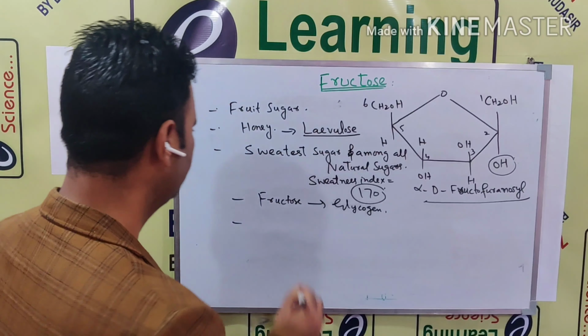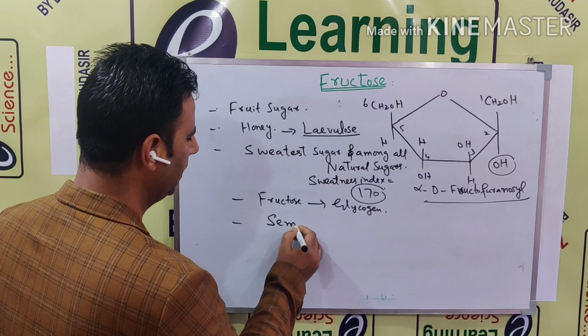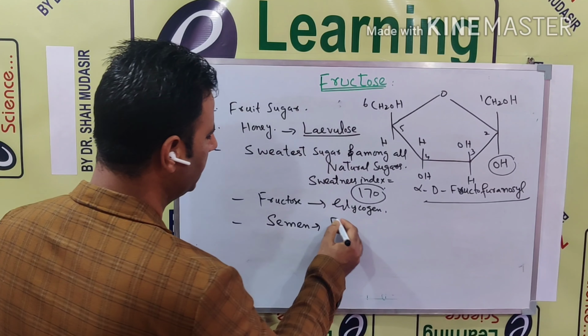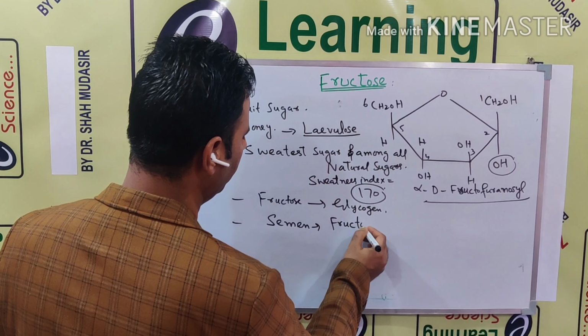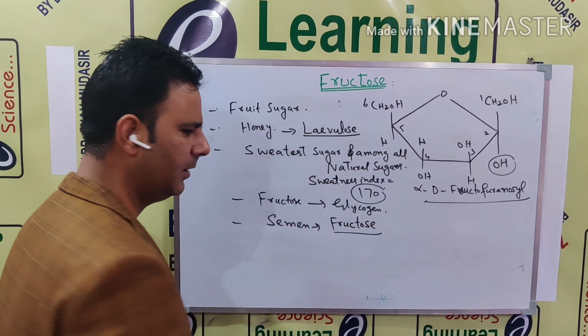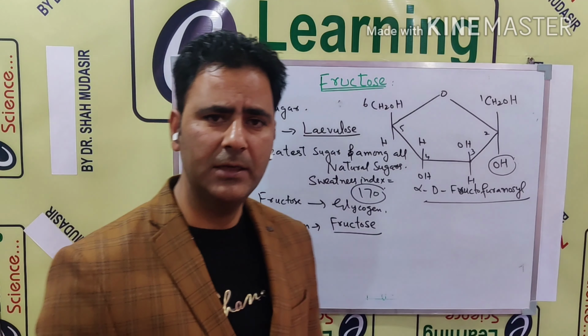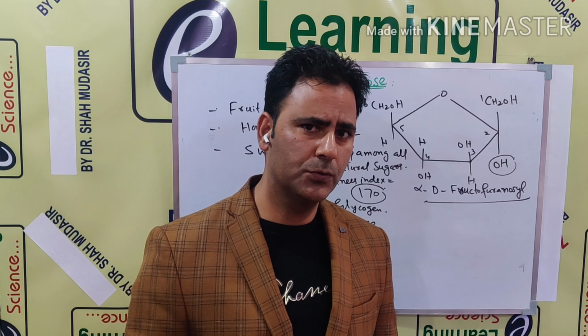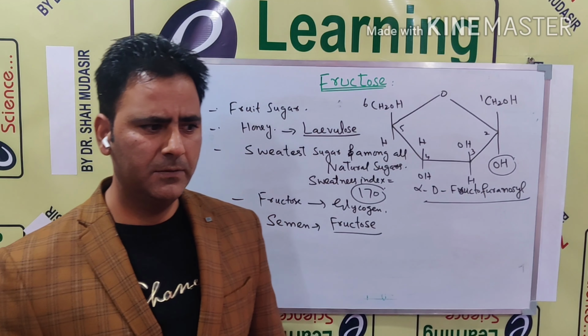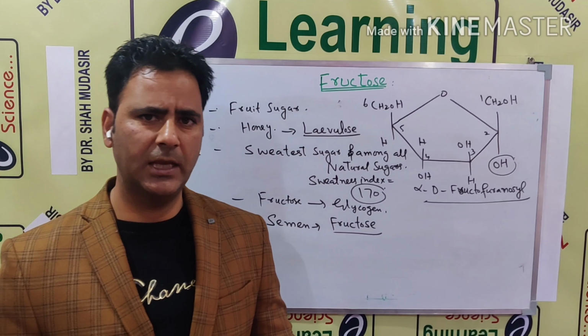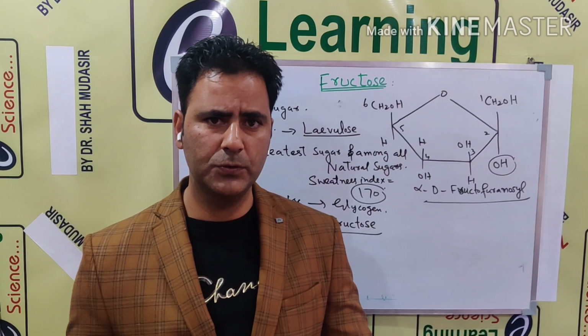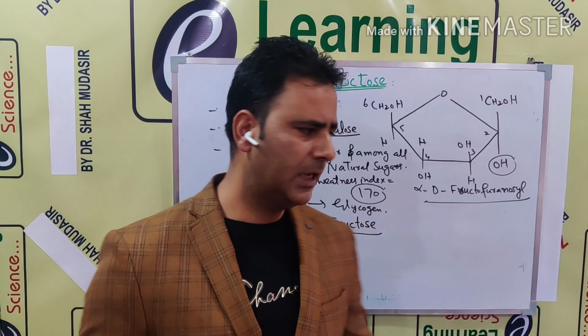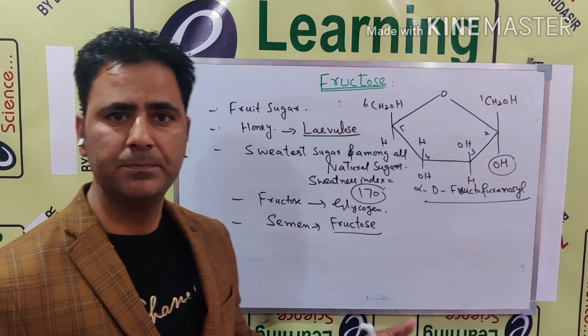If you see in the case of semen, you will find there is fructose coming from the seminal vesicle gland. It is the seminal vesicle that secretes the fructose in semen. Seminal vesicle secretions have fructose, and this fructose is a very good source of energy.